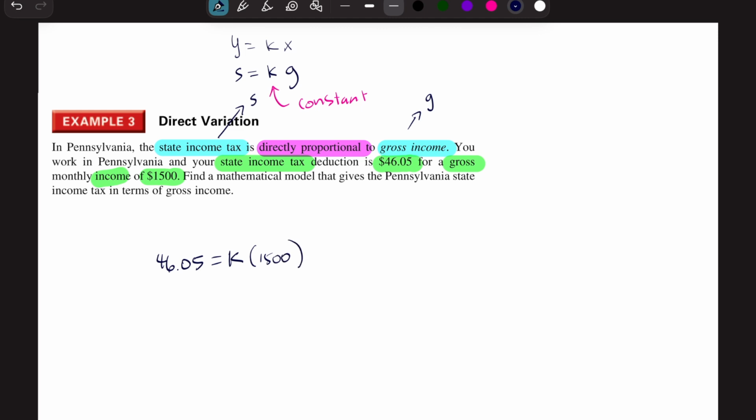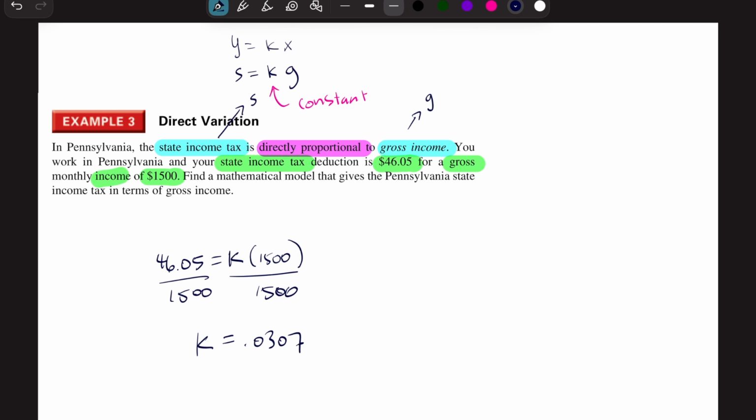All right, so now all I need to do is solve for K. Just divide both sides by 1,500. Simplify that. You can pop it in the calculator, pop it in Desmos. We're going to end up with 0.0307. So there's the actual value for the constant of proportionality.